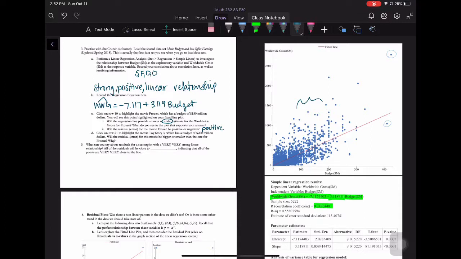Now we're going to click on row 21. They want to know which residual is going to be bigger. When you're looking at this, you're trying to determine which one is further away. Frozen is further away from the line, so Frozen is going to have a bigger residual. The Toy Story will have a smaller residual.